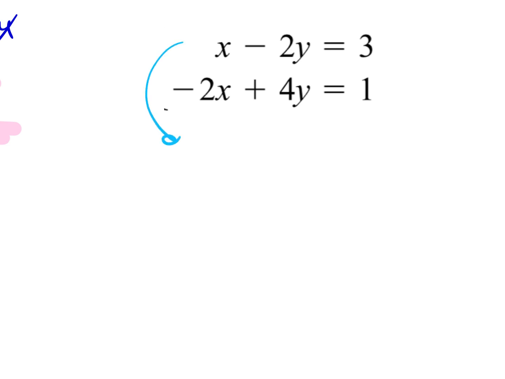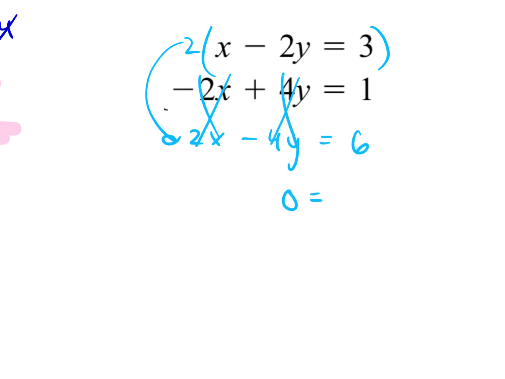So our new top equation would be 2x minus 4y is equal to 6. So they both cancel. Great observation. So we're left with 0 is equal to 7. No solution. Awesome. When you get something that's not true, the answer is no solution.